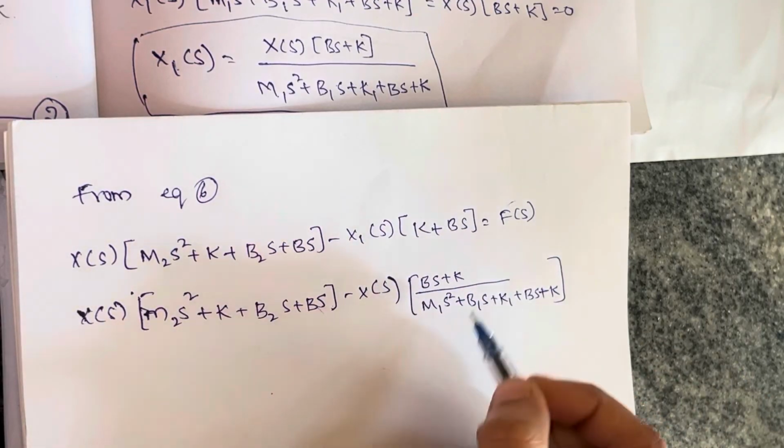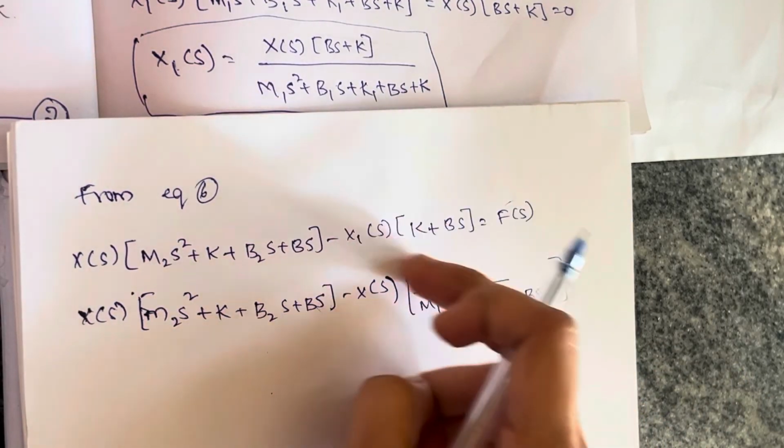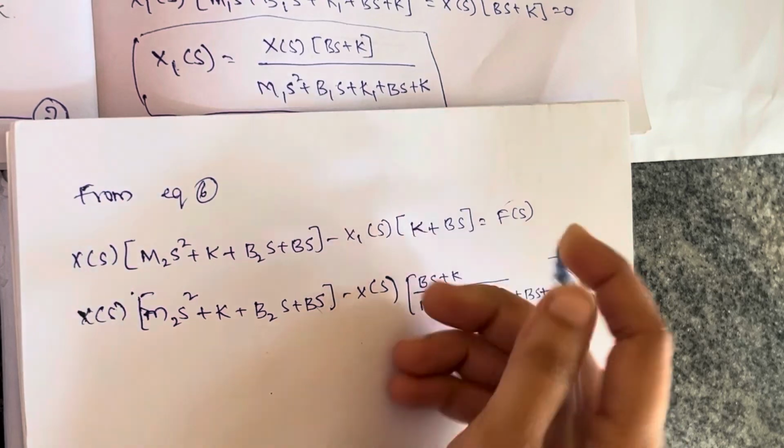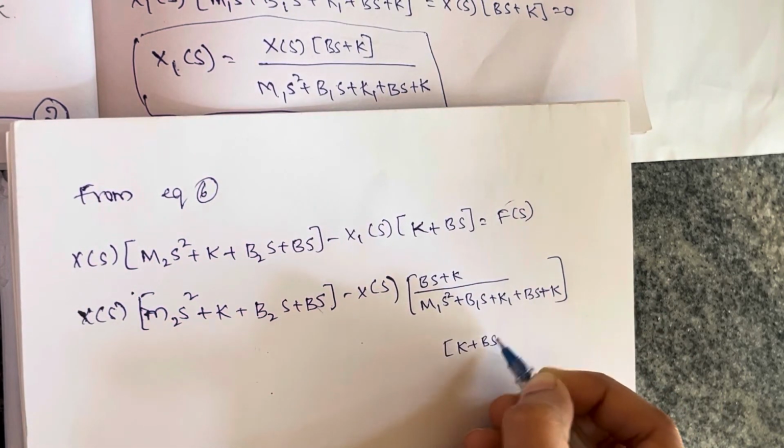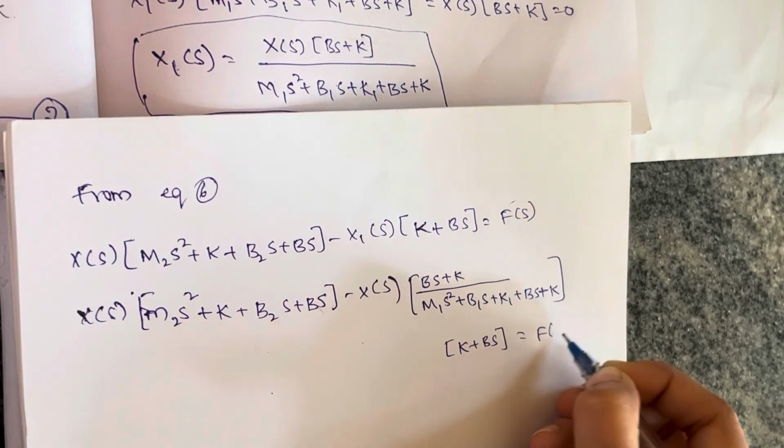This is only x1 of s. Then we have this k plus bs also, that k plus bs equals fs.